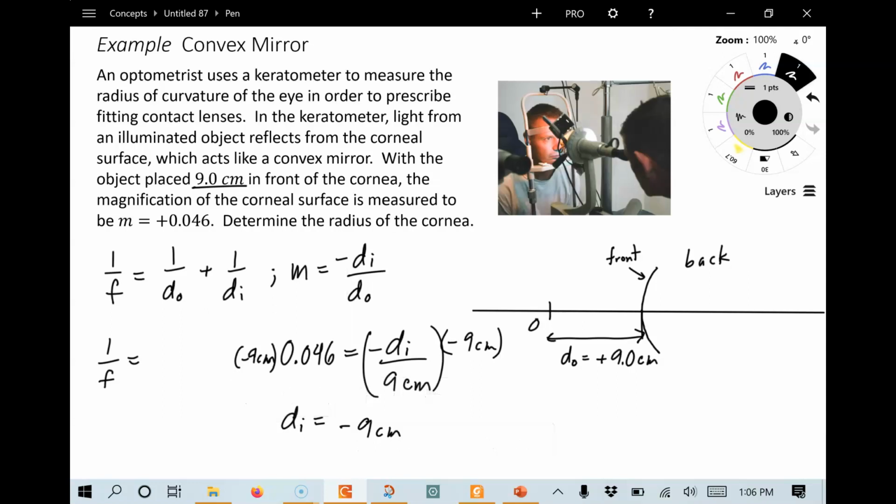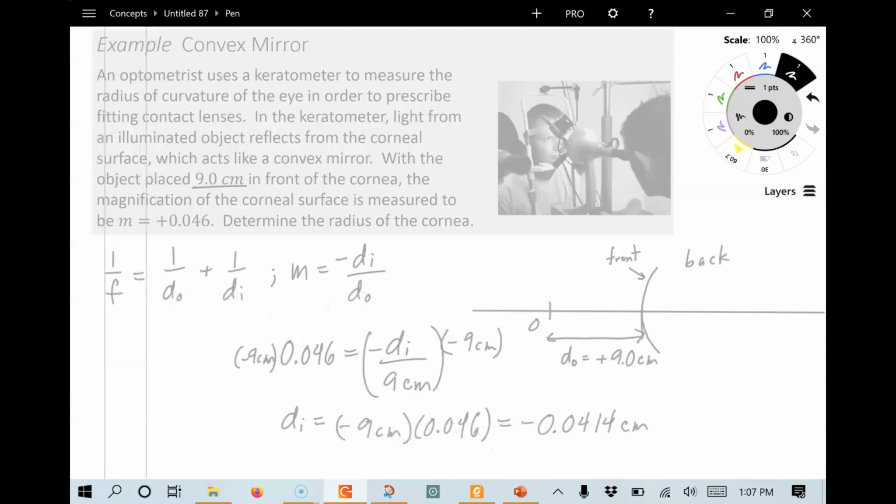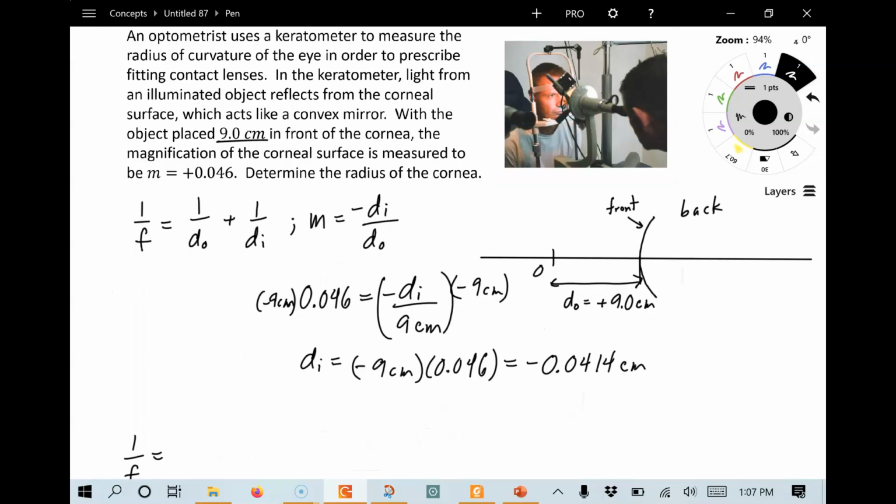Minus 9 centimeters multiplied by 0.046. And that gives us a value equal to negative 0.414 centimeters. Now I can go ahead and use this with my mirror equation here. So let's drop this down a little bit.